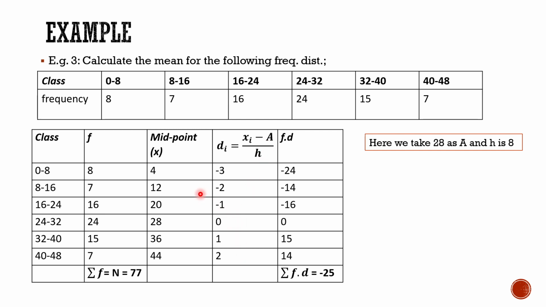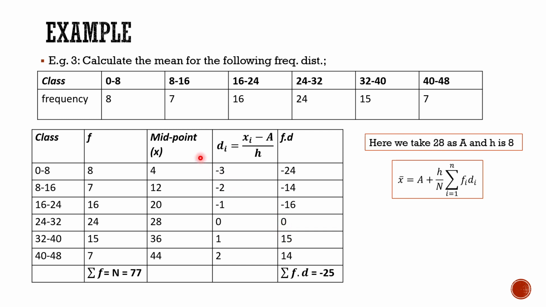So what we'll have to do is calculate f into d, because for this formula of calculating the mean for this frequency distribution, we have to calculate summation fi di. So fi di would be the frequency and the corresponding di. So 8 into minus 3, that is minus 24. 7 into minus 2, that is minus 14, and so on.